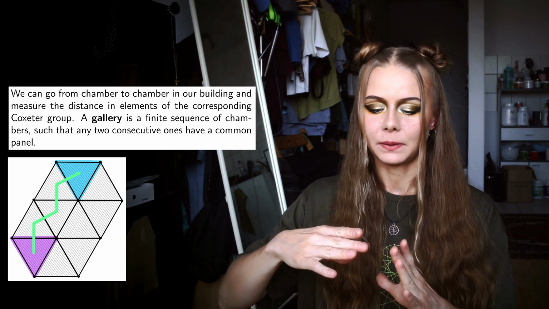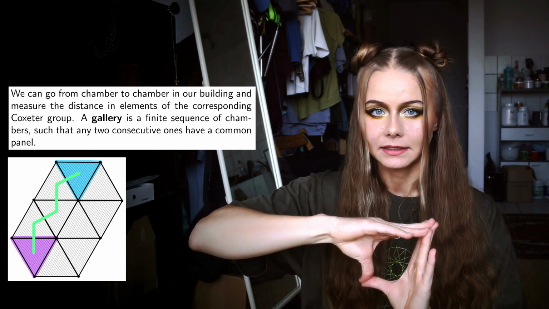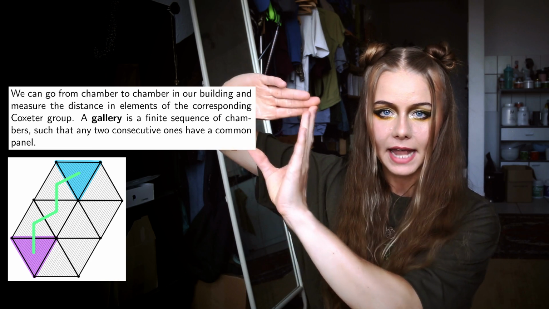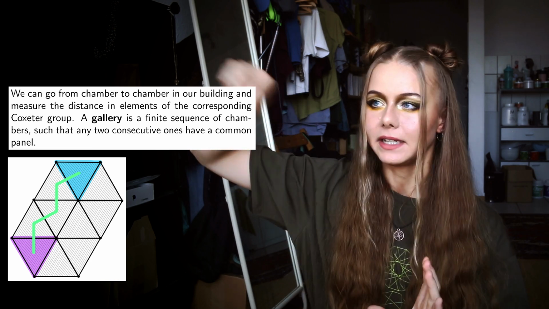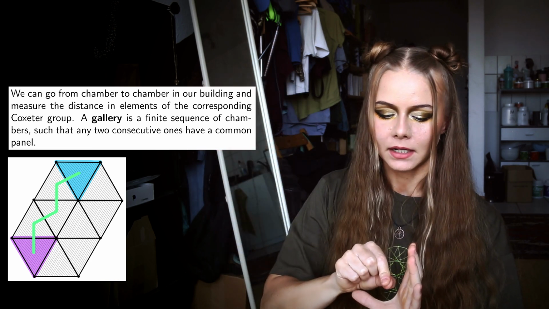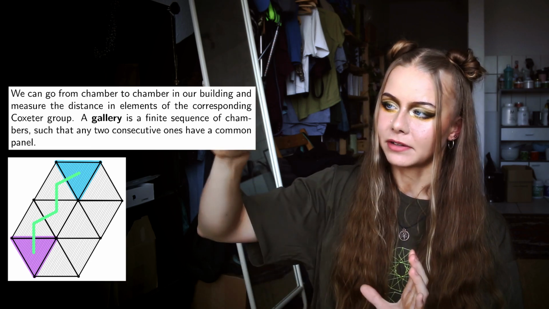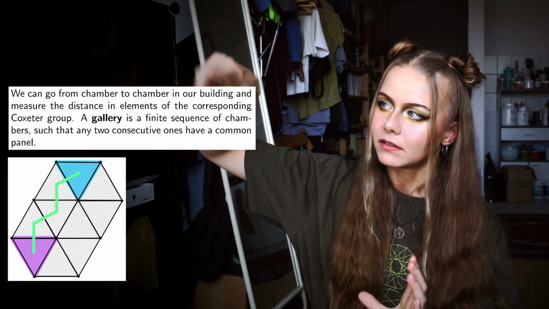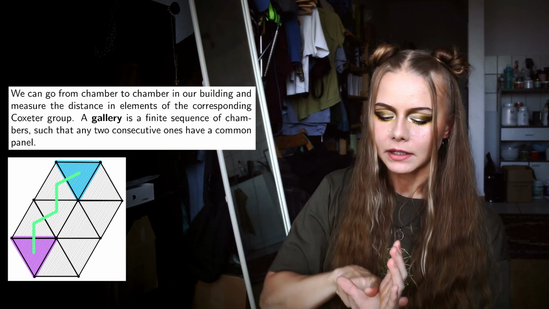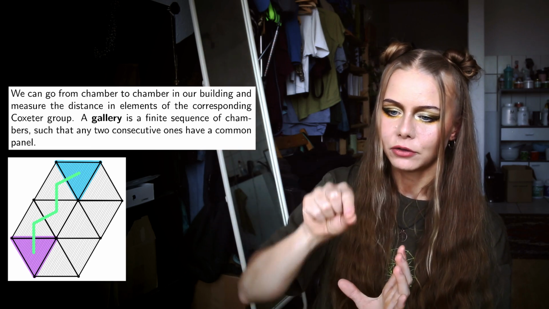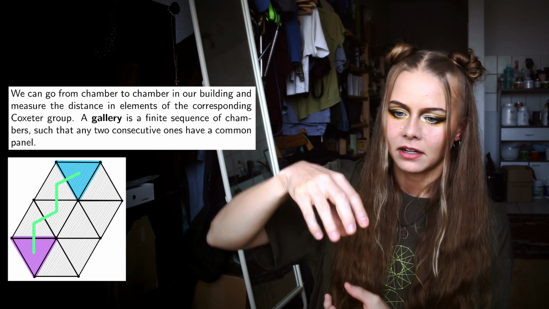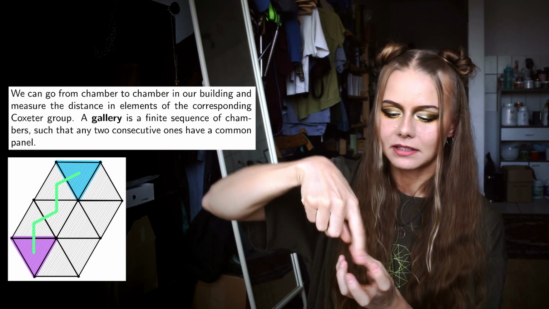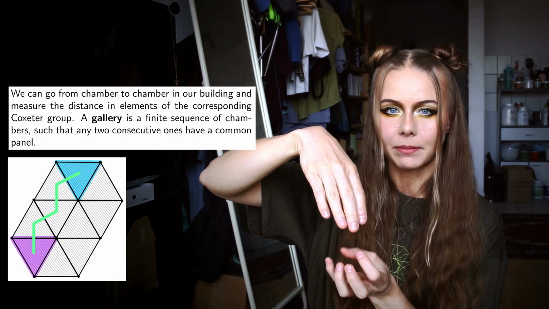In our building we can also always measure distances, and we use the notion of adjacency for that. So if we have a chamber C0 and a chamber Cn and we want to go from one to the other, then we can go from chamber to chamber until we reach Cn, but we are only allowed to go to a chamber that shares a codimension 1 simplex with our previous chamber.